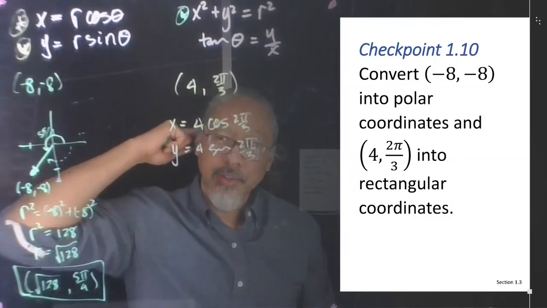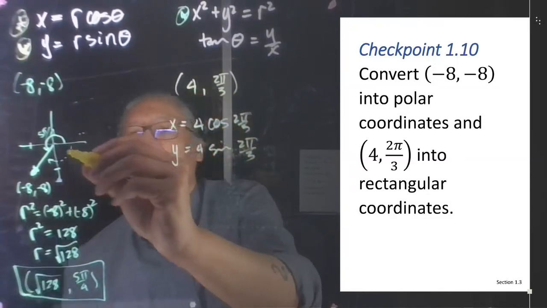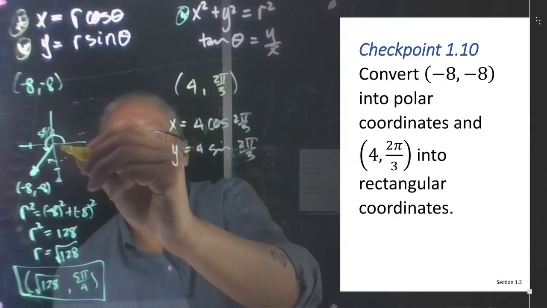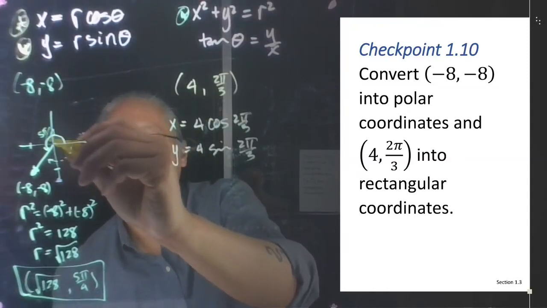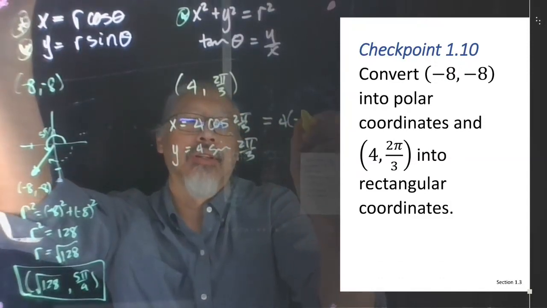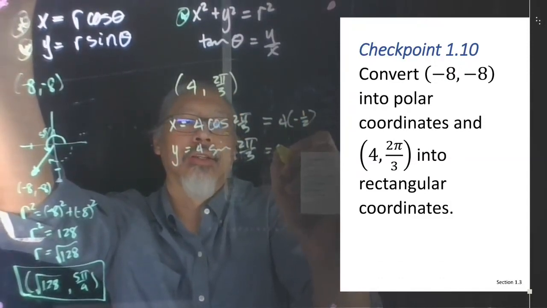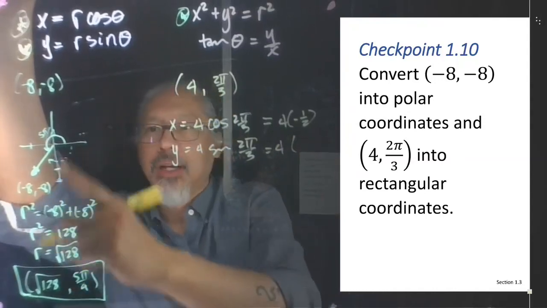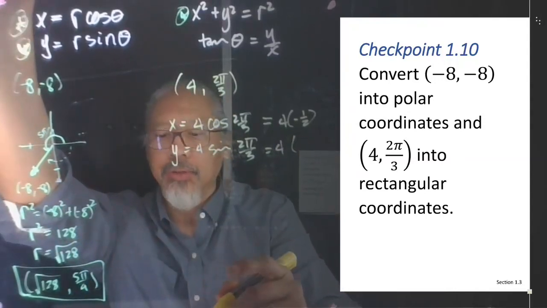So I believe cosine of 2π/3 is on the negative side here, and it's -1/2, and the sine is positive, and it's √3/2.